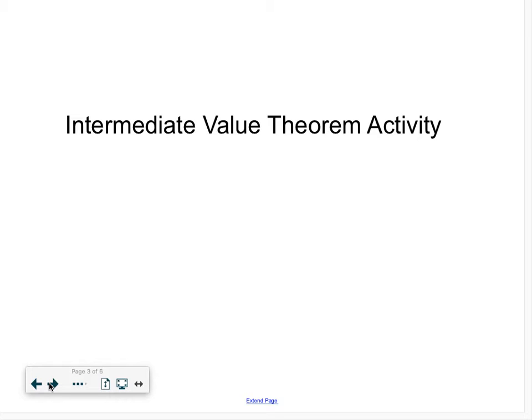So what I want you to do is don't worry about 5 and 6. Worry about 1 through 4 and 7. Okay? Worry about 1 through 4 and 7. All of those y values are included between the 2 points.